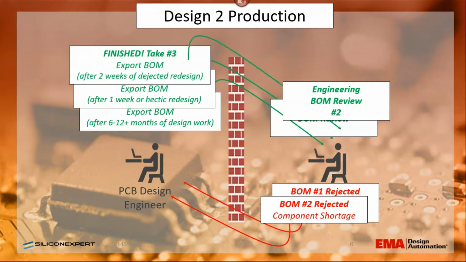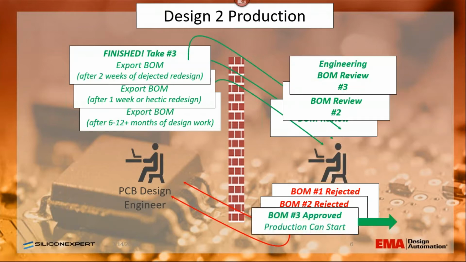Those were all something that you guys had mentioned was an issue before as well. So third time's a charm, goes back around, and they approve the bill of materials, and production can start. And that's two to three weeks of design cycle time to market that can be critical.